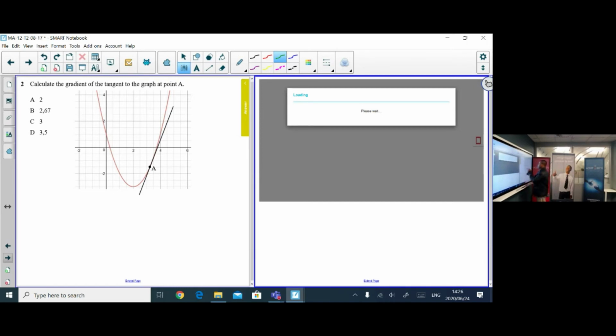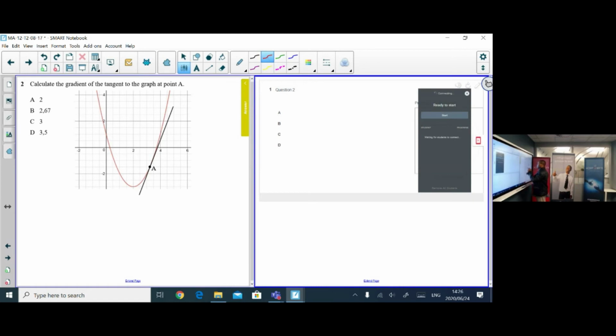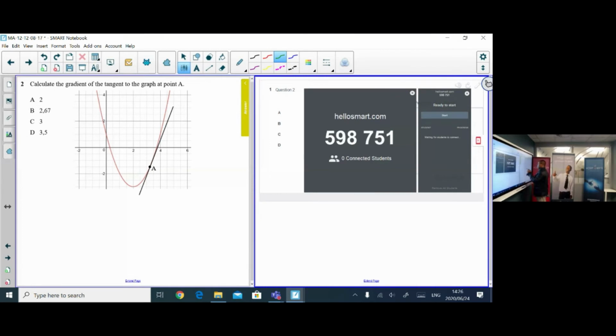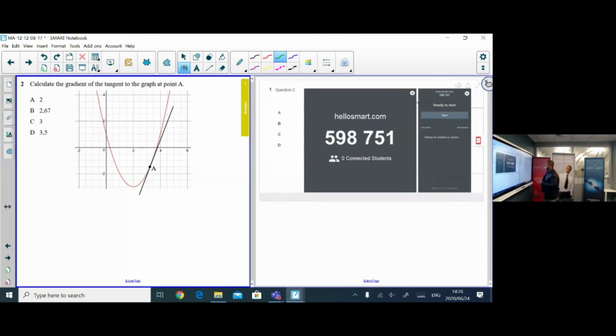Maybe you look for a point such as that, and then another point where it's touching, maybe here. It will be good to choose a point where the line is touching the corner of the boxes.